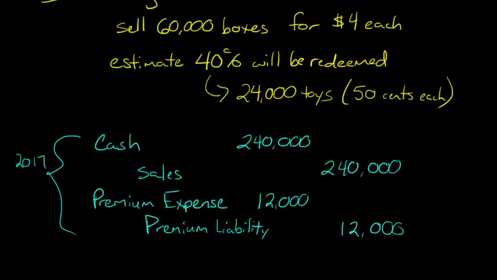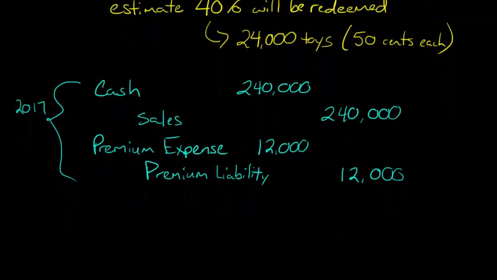And now you say, okay, what happens as people actually redeem these toys? As they actually send in their label and we give them a toy, what journal entries do we make then? Well, let's say that in the next period, or at some point, they redeem $3,000 worth of these toys.